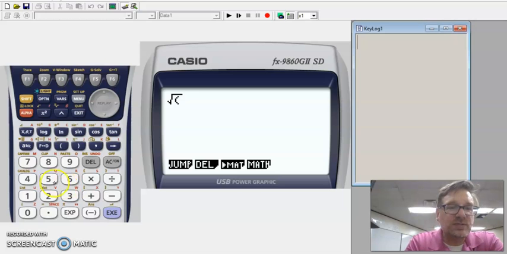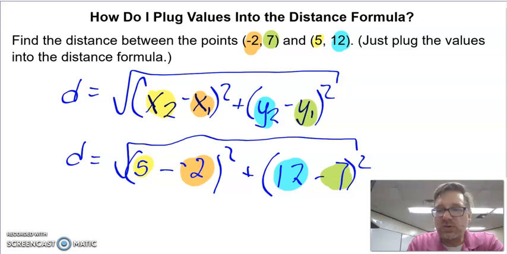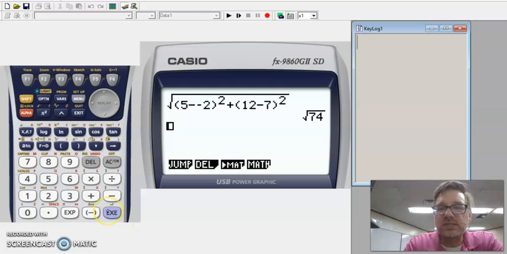We're going to close the parentheses and we're going to square it. Right there is my square key. Plus, we've got our parentheses again. We said it was 12 minus 7. So 12 minus 7, and we're going to square that. And then we're going to hit the enter button.